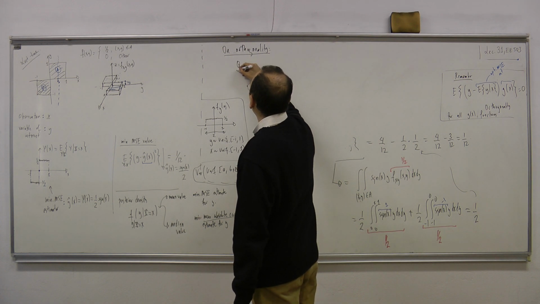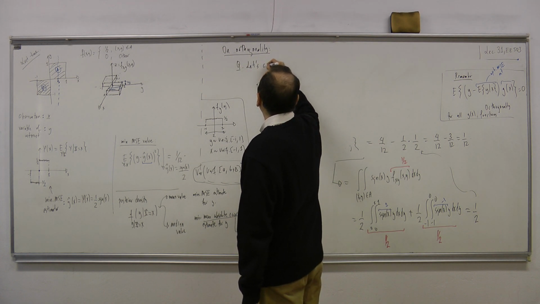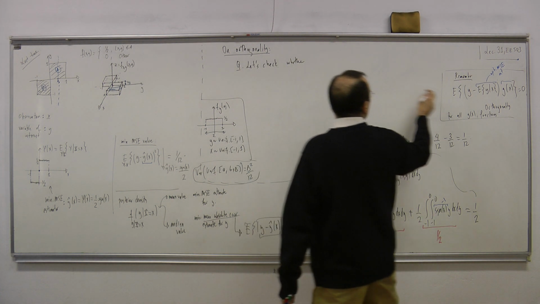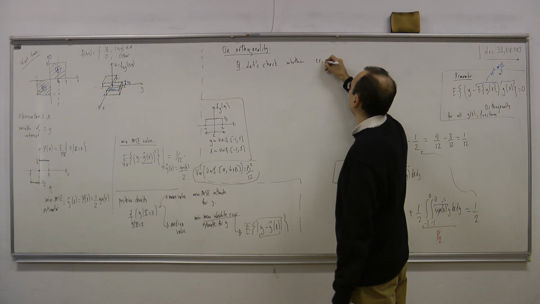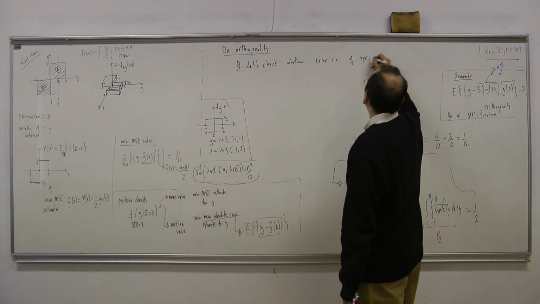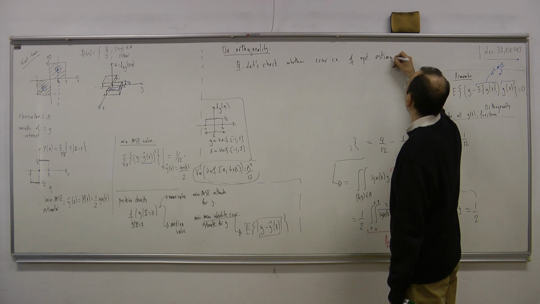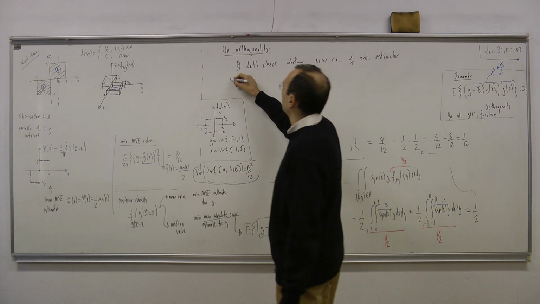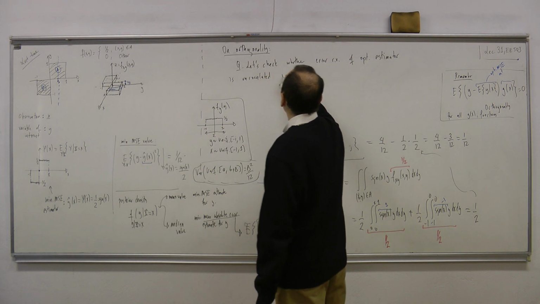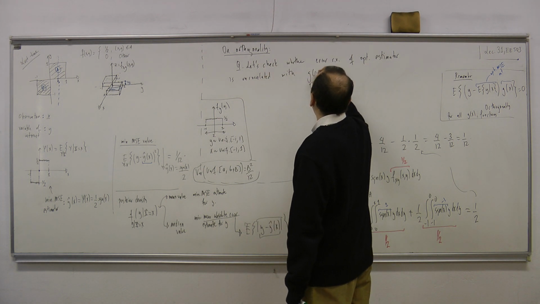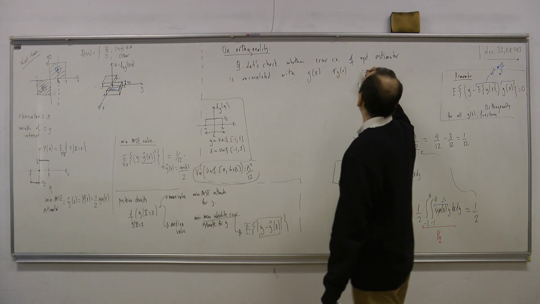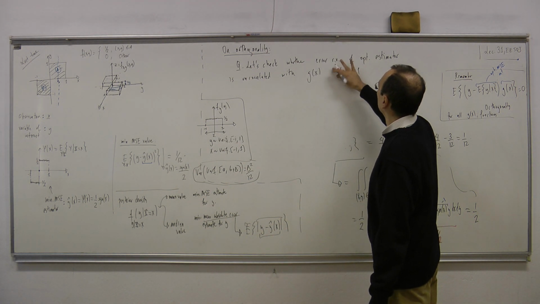So question, let's check whether this one, the error random variable of the optimal estimator, is uncorrelated with g of x for all g functions or not.